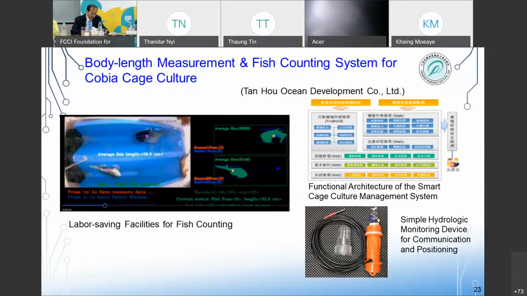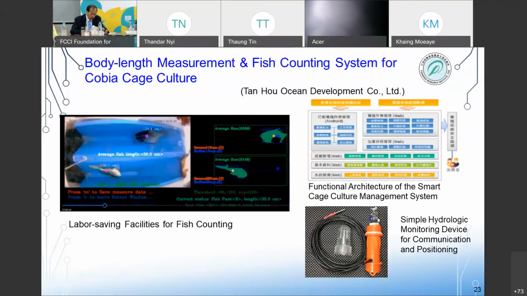This system includes the environmental sensing technology, the underwater photography technology, and the water temperature recording, the fish number counting, remaining feed monitoring, and the body length management system, which can help farmers effectively get the number and the size of fish, as well as reduce the risk and the cost of aquaculture.